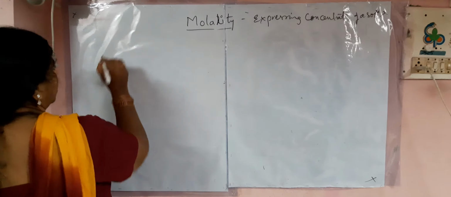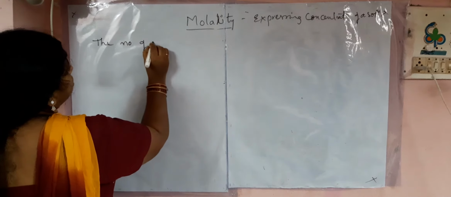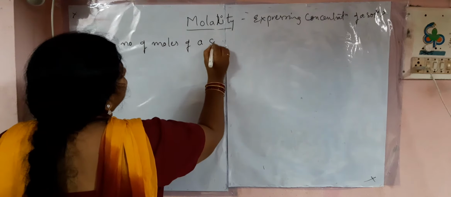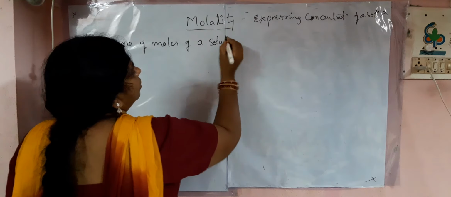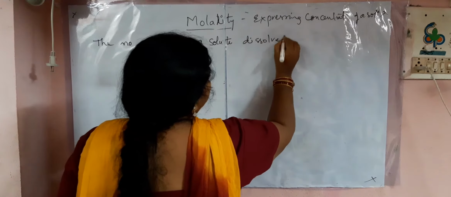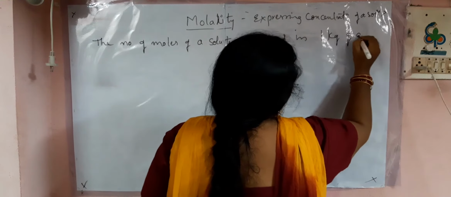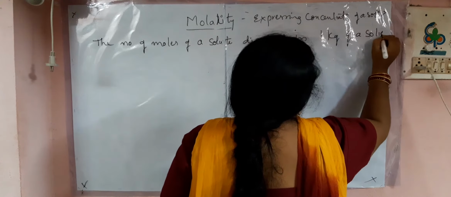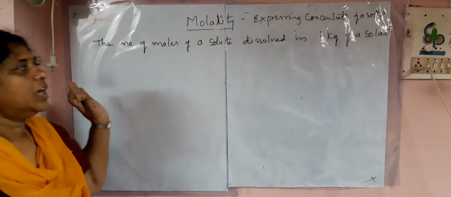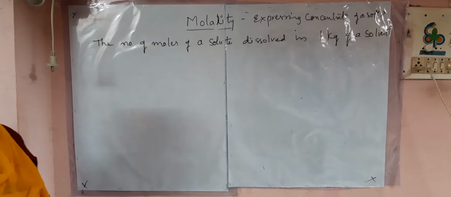Now what do you define molality? It is defined as the number of moles of a solute dissolved in 1 kg of a solvent.